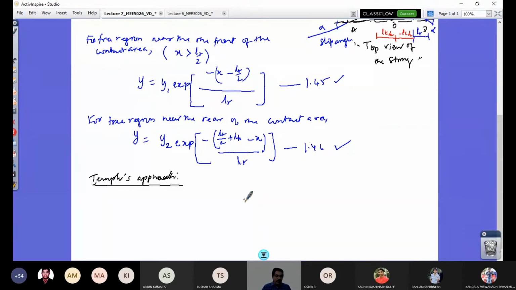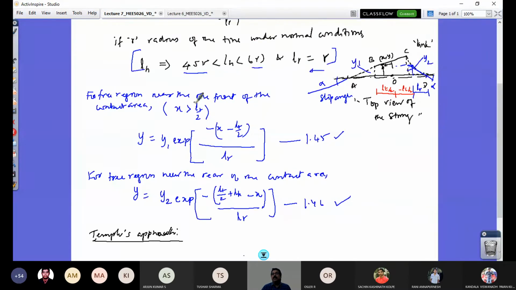If you look at that, we are going to see this in the same model. If we project it, you are going to look at the force exerted by the tire over the entire contact length. So that means I'm going to consider the force coming from the tire. That distribution, if you look at it in this BC or in the contact area, will be given like this by Temple. The variation is going to be something like this.